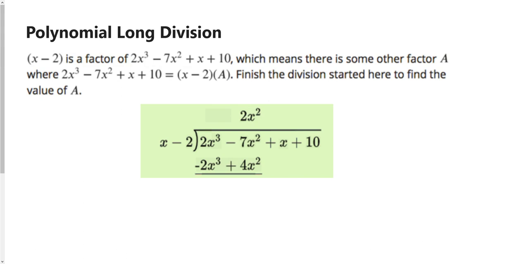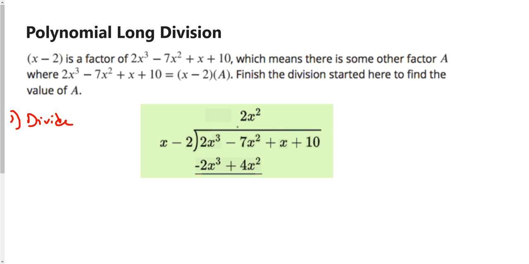Here's another one. Let's finish it. So in this particular case, we have the polynomial 2x to the third minus 7x squared plus x plus 10. Okay. So the first thing that happens, step 1, is there's a divide step. And we're going to divide the 2x to the third by the first x.